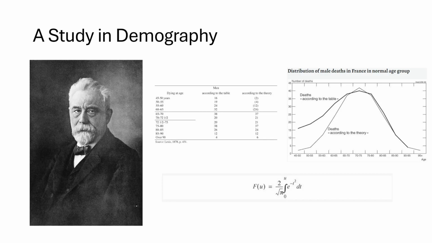He applied the principles of exponential decay to model human mortality rates, and it really laid the foundation for modern population studies that we see today. The reason I'm showing this is because it shows how E transcends abstract math and directly influences societal understanding. Let me talk a little bit about this.